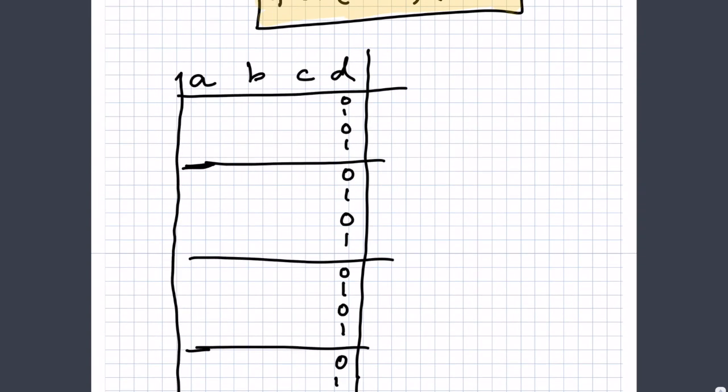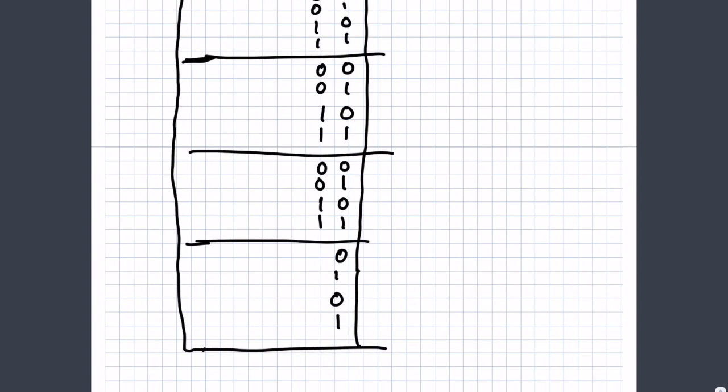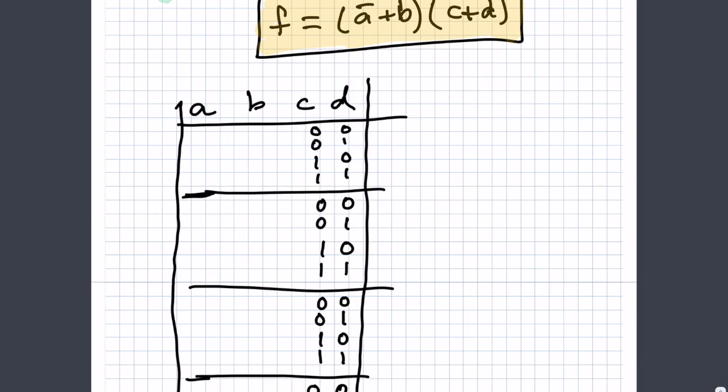Okay, for the next variable, 2 zeros, 2 ones, 2 zeros, 2 ones, 2 zeros, 2 ones. For the next variable B, we have four zeros and 4 ones.